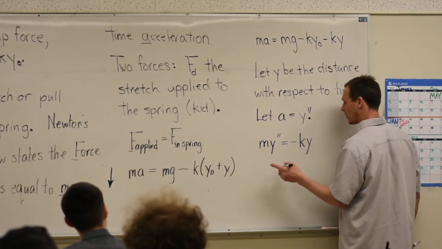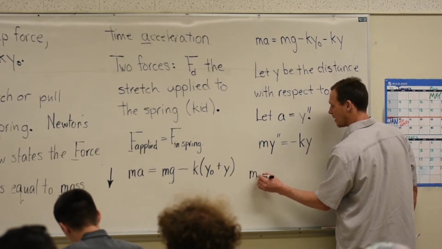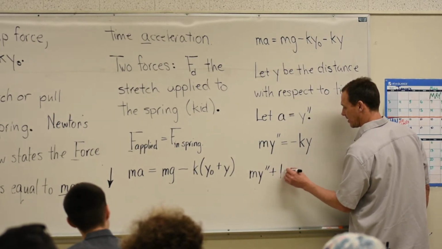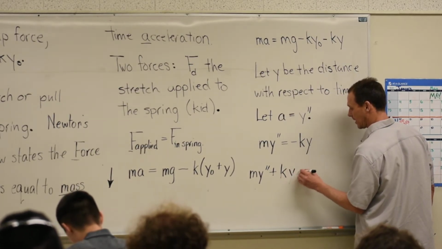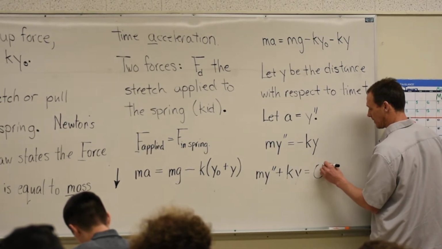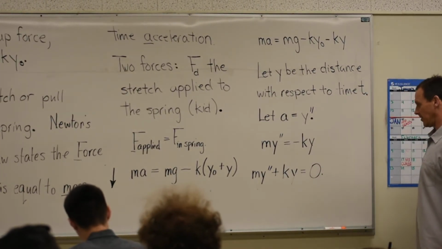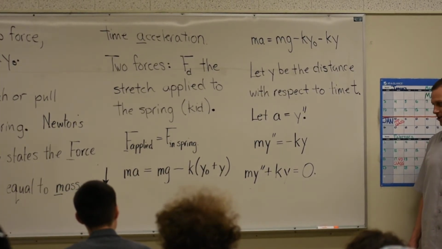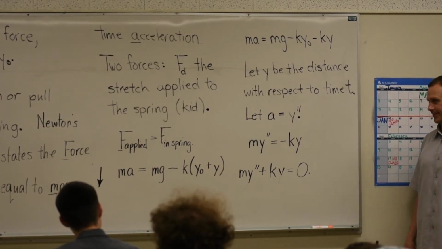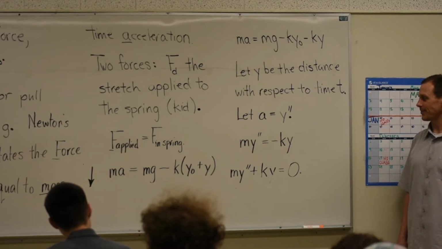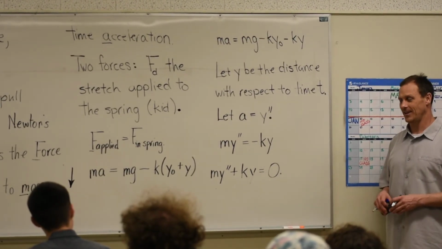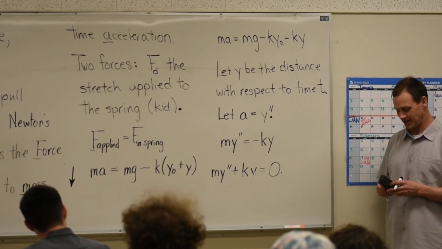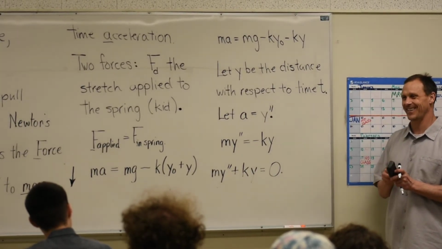I'm going to move this over and we write this as m times y double prime plus k times y is equal to 0. That's our most basic second order linear differential equation. And that'll take the rest of our day. We'll put one more term in it, probably in our next class, and that'll take us another 2 weeks.